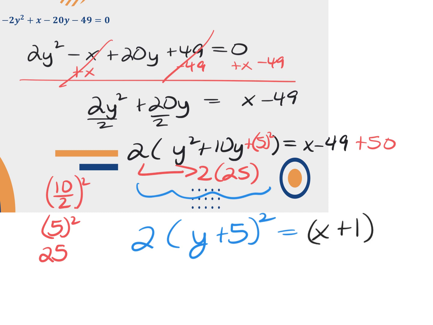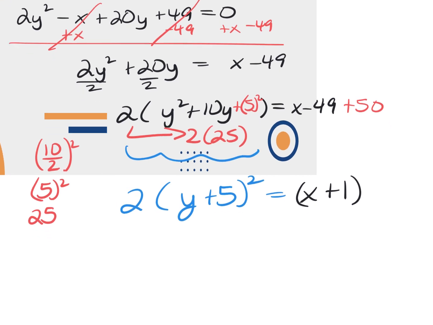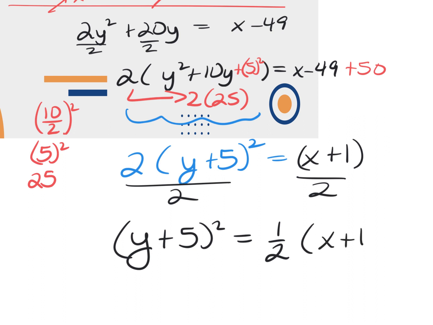Now remember, in order to calculate your p-value, this square term needed to be isolated, so I need to divide both sides by 2. And then your final standard form is y plus 5 squared equals, this divide by 2 becomes 1/2, x plus 1. And now we have it in standard form for this parabola.